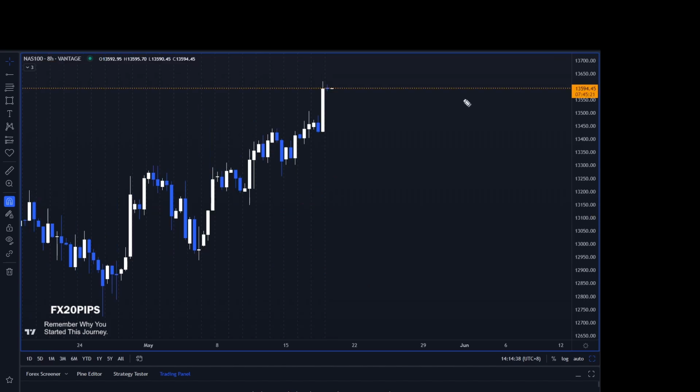Let's look at the Nasdaq. The day before, on Tuesday my time, it went past 13,500, and yesterday, look at this bullish candle, it went past 13,600. So Nasdaq is pretty bullish at this stage.